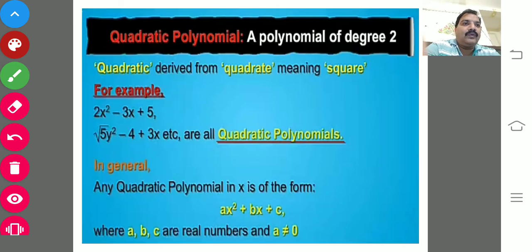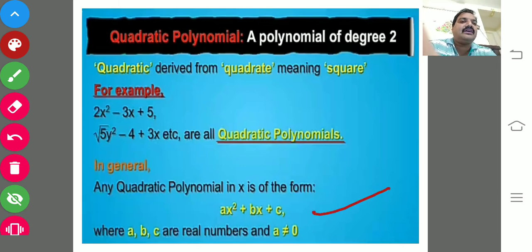Now a polynomial of degree 2. I hope in previous classes, 9th class and 8th class, you learned what the degree of a polynomial is. With that, I would like to explain this concept. A polynomial of degree 2 is quadratic, derived from quadrate meaning square. The quadratic polynomial form is ax^2 + bx + c, where a, b, c are real numbers and a is not equal to 0.